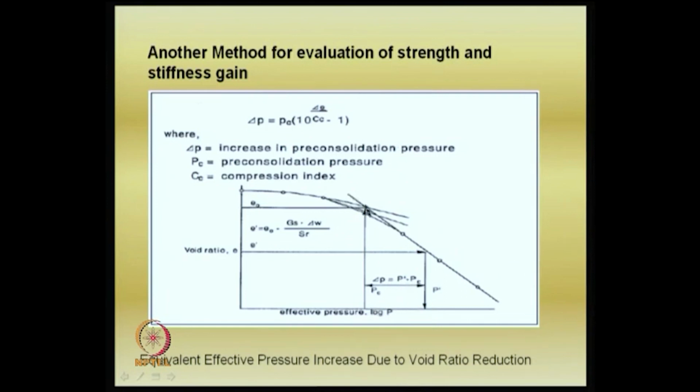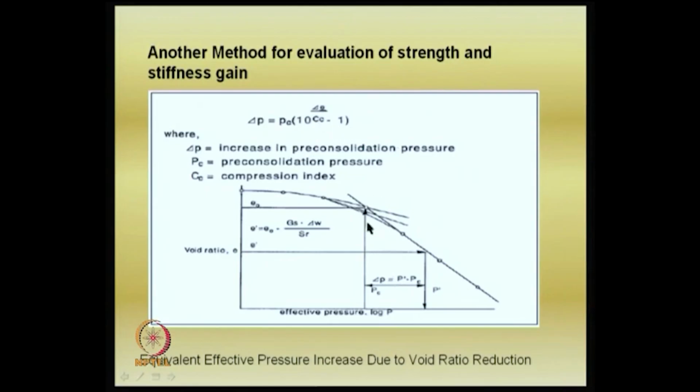We know that Cc is nothing but the rate, delta e divided by delta of log P, de by d log P, is the Cc. Use that expression and convert the equation back, and you will get delta P equal to Pc into 10 power delta e divided by Cc, minus 1.